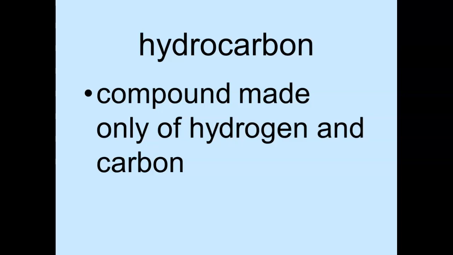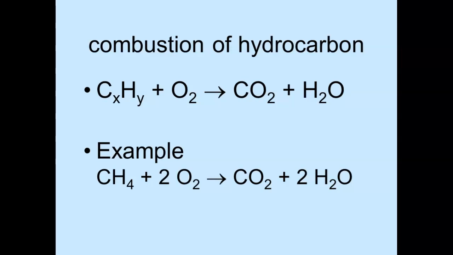A hydrocarbon is a compound made out of only hydrogen and carbon. And so that's what that is. The combustion of a hydrocarbon always gives you the products of carbon dioxide and water every time. So I give you this is the simplest hydrocarbon down here. One carbon, four hydrogen.